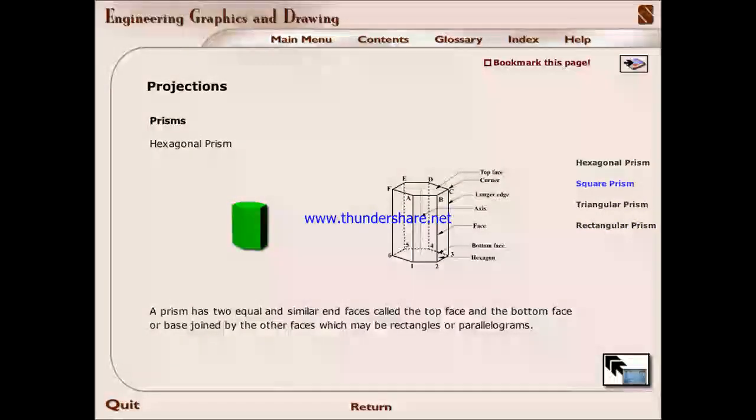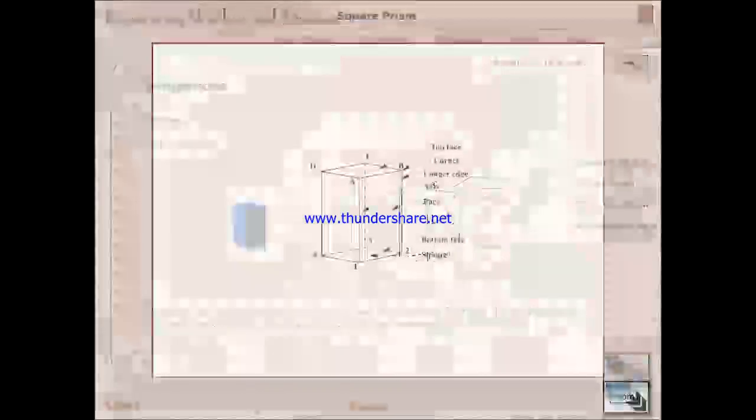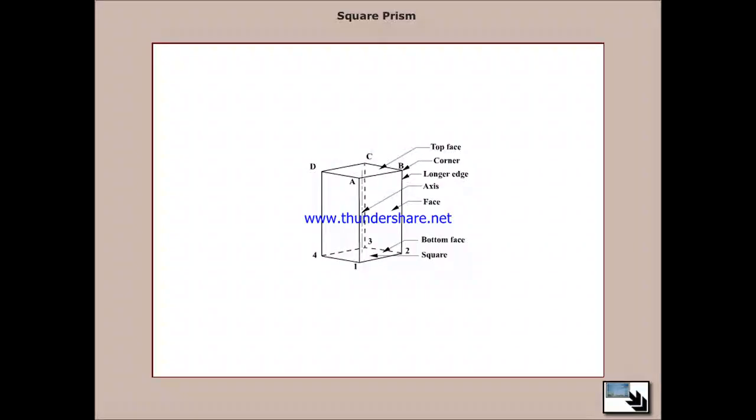Now next, square prism. In a square prism, the prism has two equal and similar end faces called the top face and the bottom face or base, joined by the other faces, which may be rectangles or parallelograms. This is a square prism.